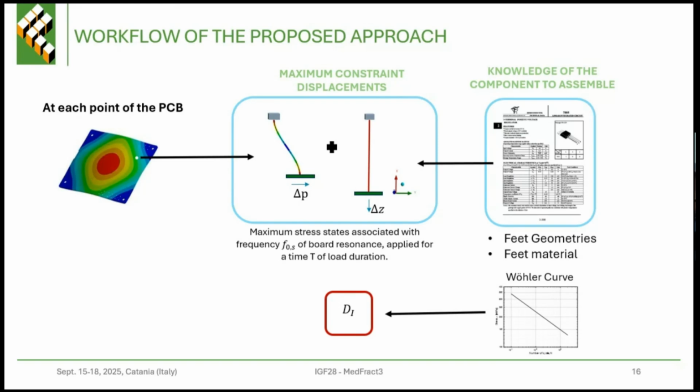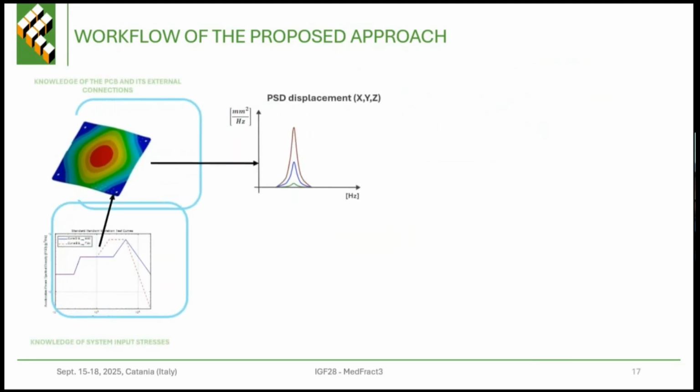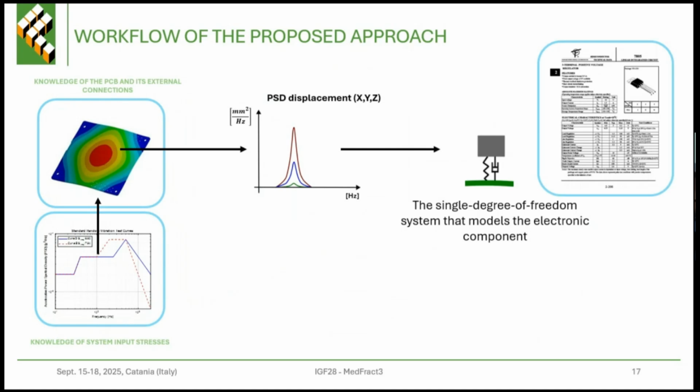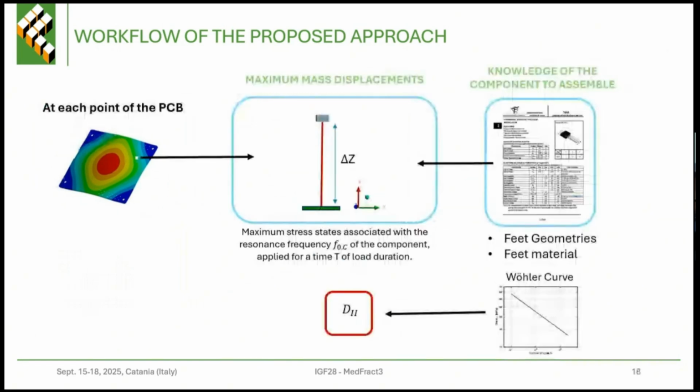So this is the first part of our total damage, because we have also returned back and used the power spectral density of the displacement as an input of a single degree of freedom that models the dynamic of the component. And so also in this case, we calculate in a very simple way the maximum mass displacement.